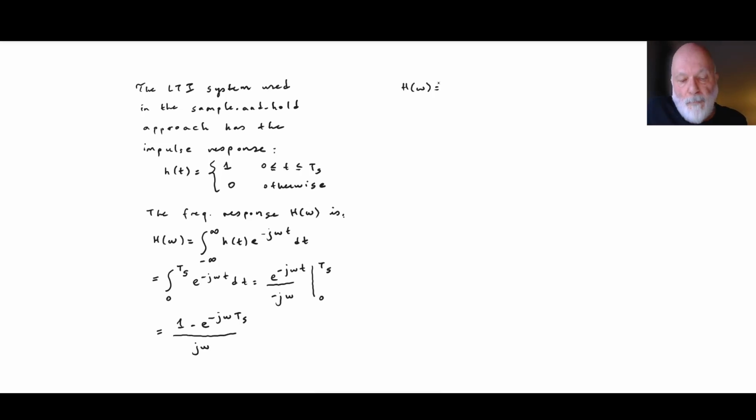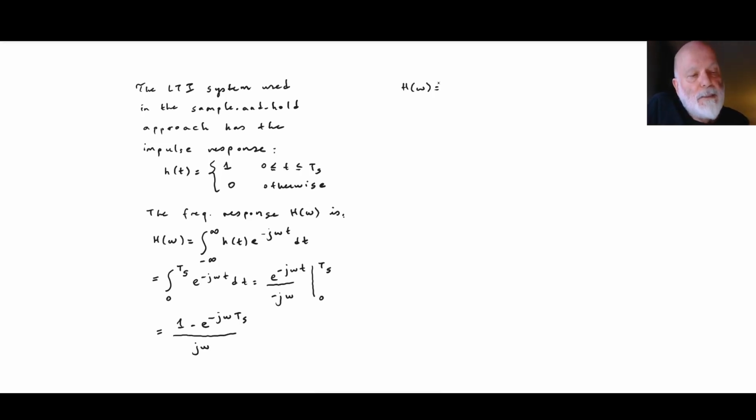In fact, it is a shifted rectangular pulse, and we know that the Fourier transform of a rectangular pulse is the sinc function. But here we have a shifted rectangular pulse, so we will have the additional phase shift as expected.